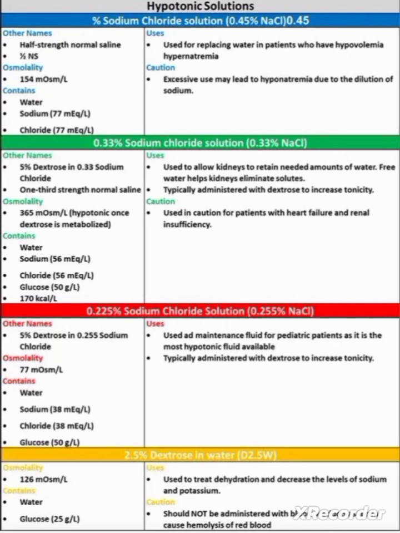It is used to treat dehydration and decrease the level of sodium and potassium, and it should not be administered with blood products as it can cause hemolysis of the red blood cells. So that's regarding the hypotonic solutions.